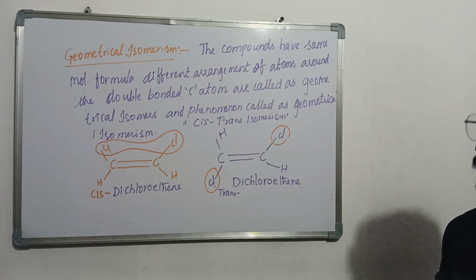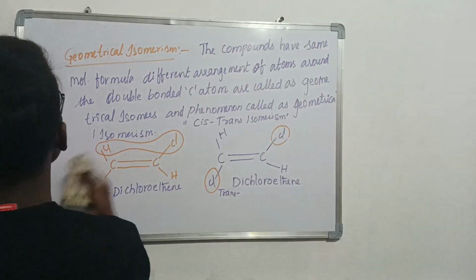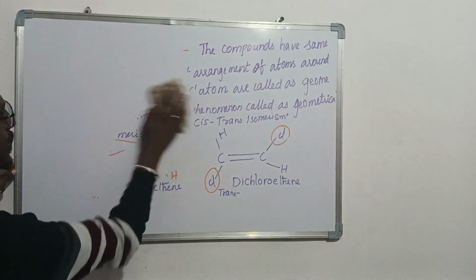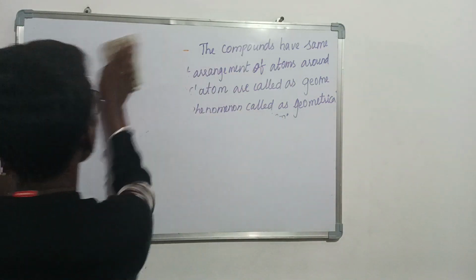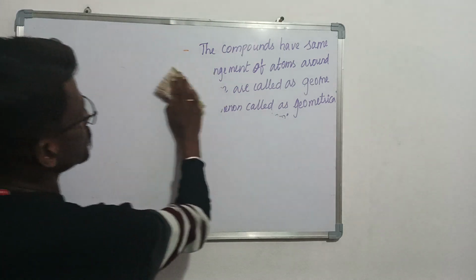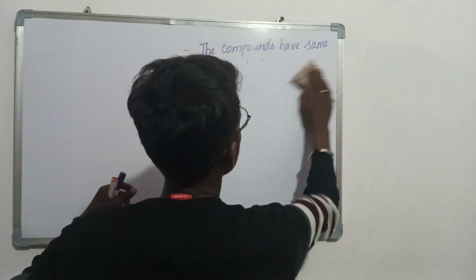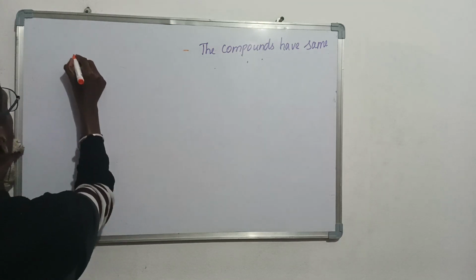This type of isomerism is especially seen in double bonded carbon atoms, in alkenes. Next, coming to the last one, optical isomerism.